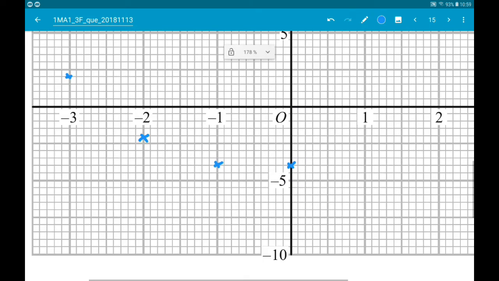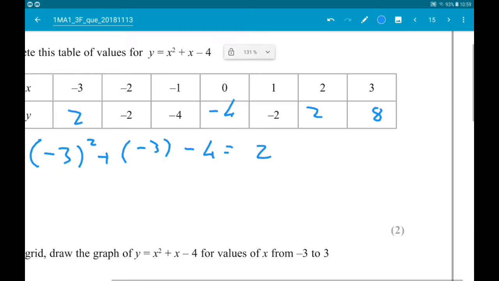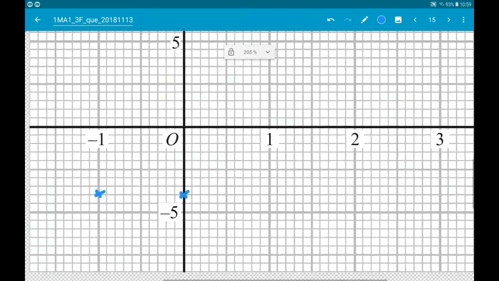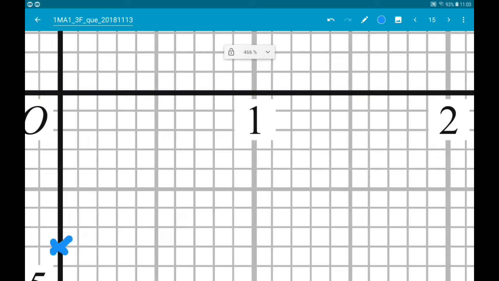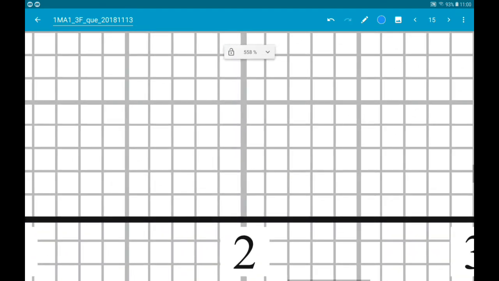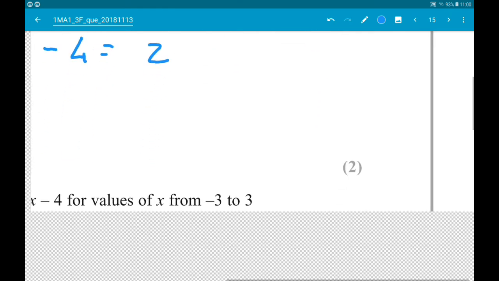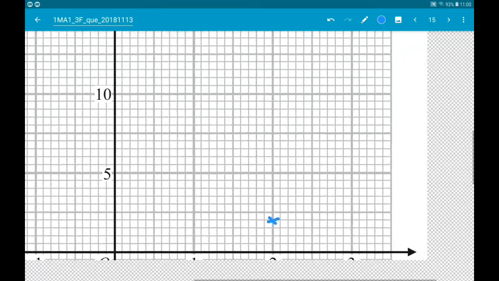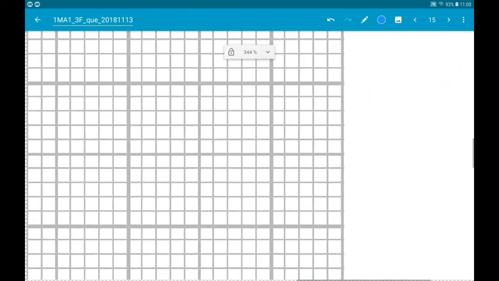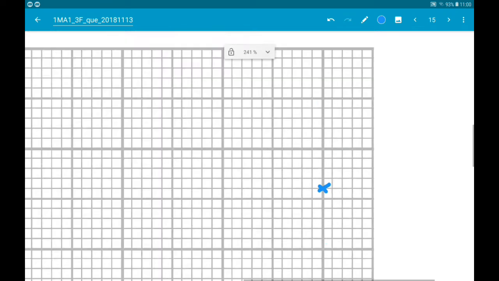So that's there. We then had 1, minus 2. We then had 2, 2. And then we had 3, 8. So 8 is going to be there.